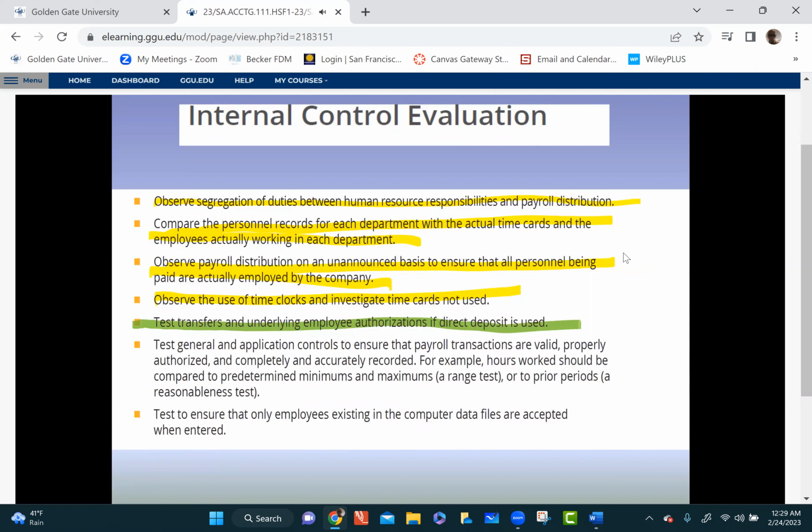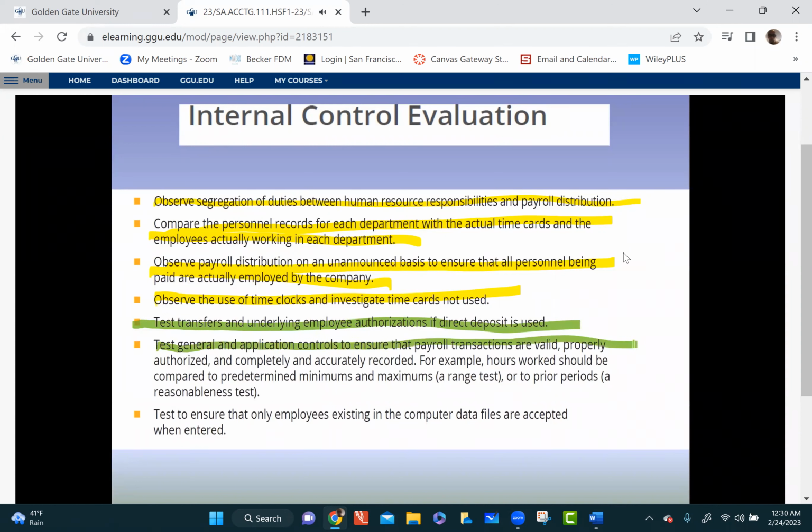Then you can look to see that there was some acknowledgement back from the employee's bank that says that amount was deposited to that routing number. That's probably how you would do the observation of the check distribution in a direct deposit situation, which is what you have most of these days.